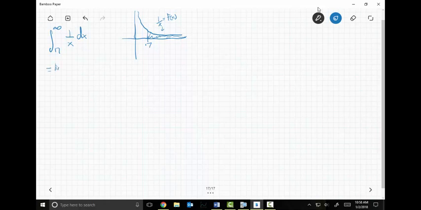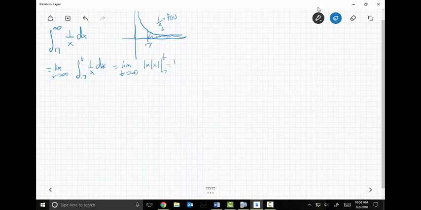All I'm going to do is take the limit as t goes to infinity, the integral from 17 to t of 1 over x dx. This is equal to the limit as t goes to infinity of the natural log of the absolute value of x from 17 to t.